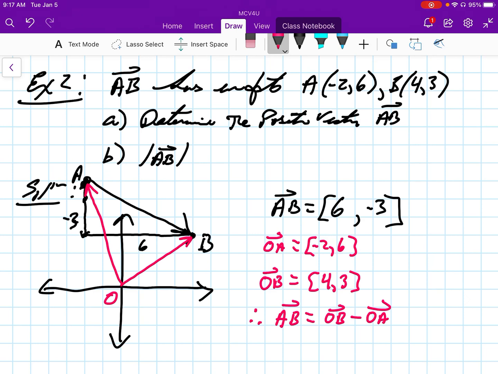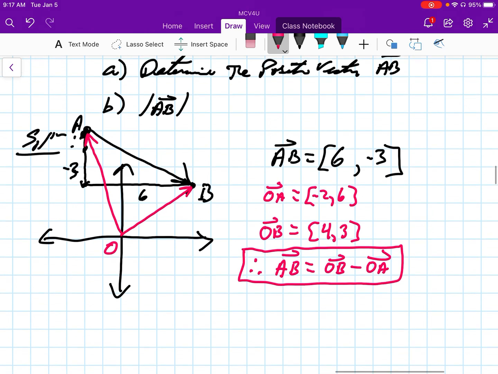If we look at this as components, this is what you need to see and know algebraically.